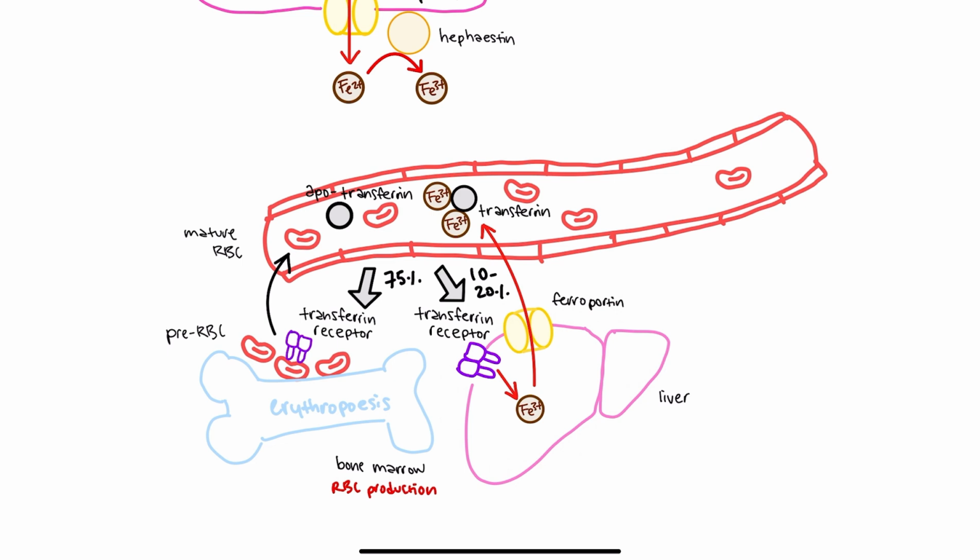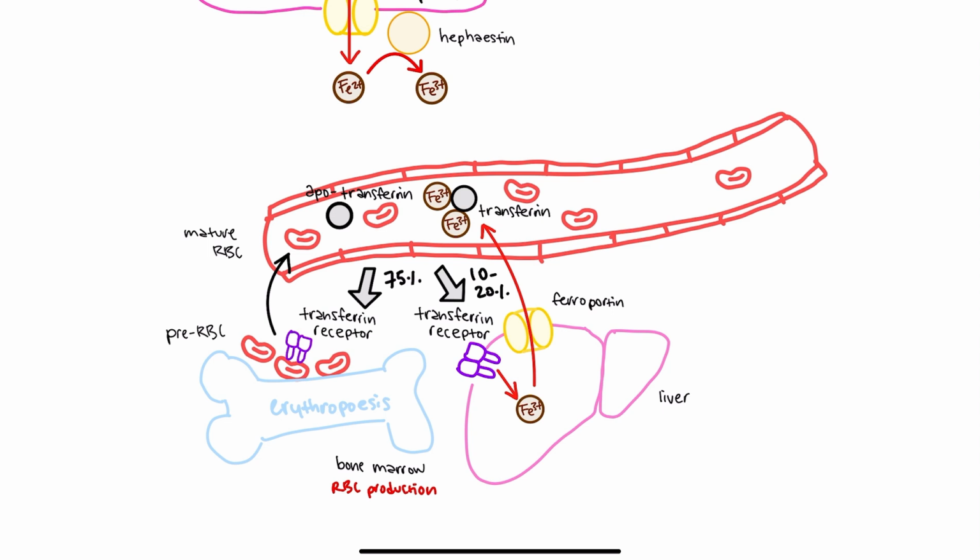But first we'll talk about how the iron cannot be transported by itself, so it always needs transferrin to bind onto. When transferrin is not bound to any iron, it is called apotransferrin, whereas when it's bound to iron 3 plus, it is called transferrin.